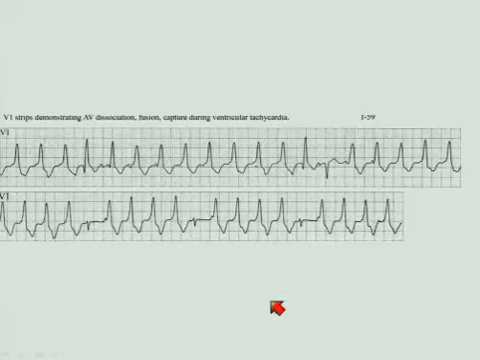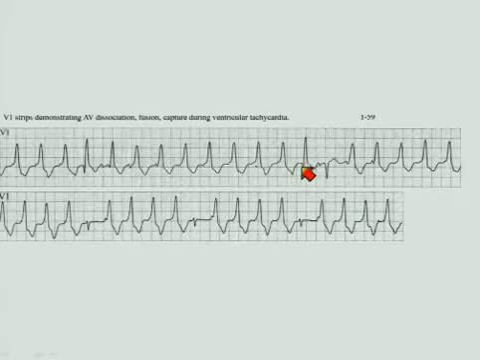So here's one that goes with those initial criteria of fusions and captures. You can see a wide QRS tachycardia. You can see that there is a beat, though, that appears normal, and it's preceded by a P wave, and that's a capture. So there is AV dissociation here. The P wave is marching through, and when it happens to hit at the right time, it is able to capture and conduct normally.